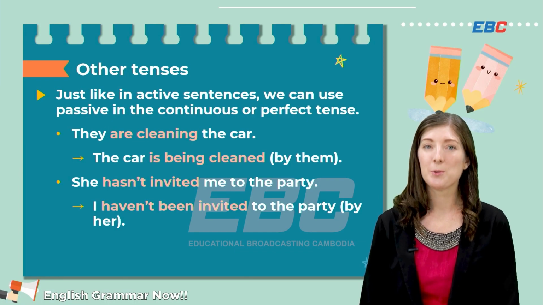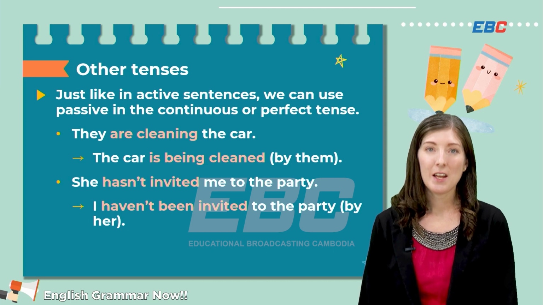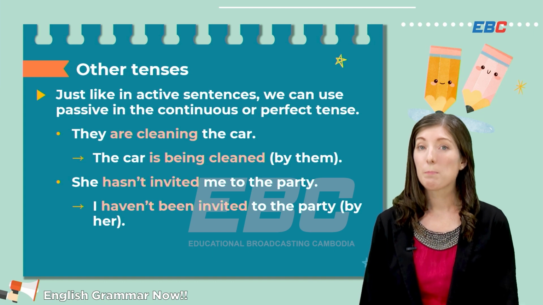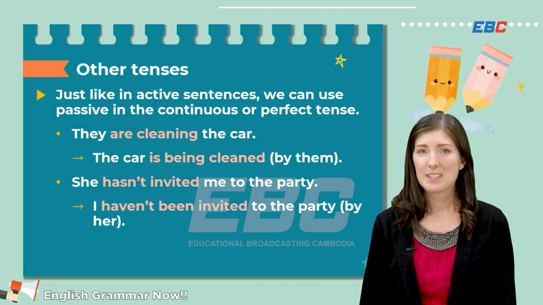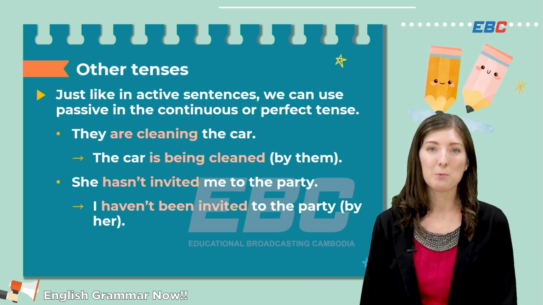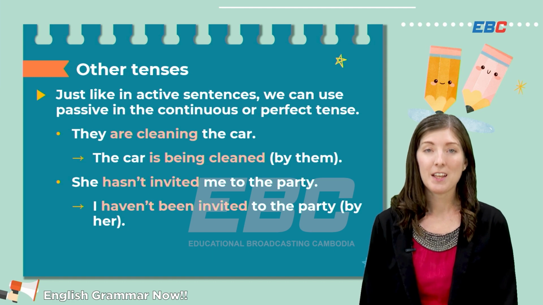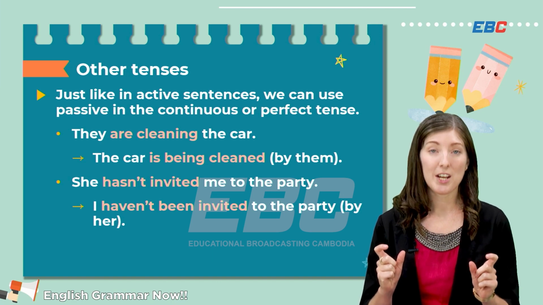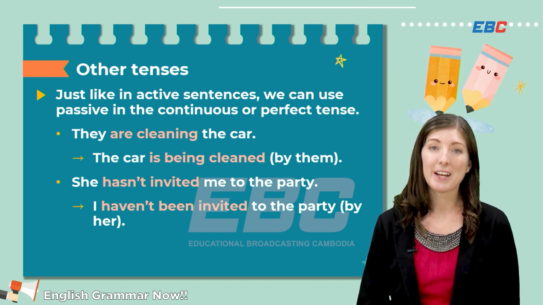Just like we can do in active sentences, we can also use the passive in a continuous or perfect tense. Take a look at these examples to see how that works. They are cleaning the car. This is active. They is the subject. Once we switch the order of those words, the subject and the object, it would sound like this.